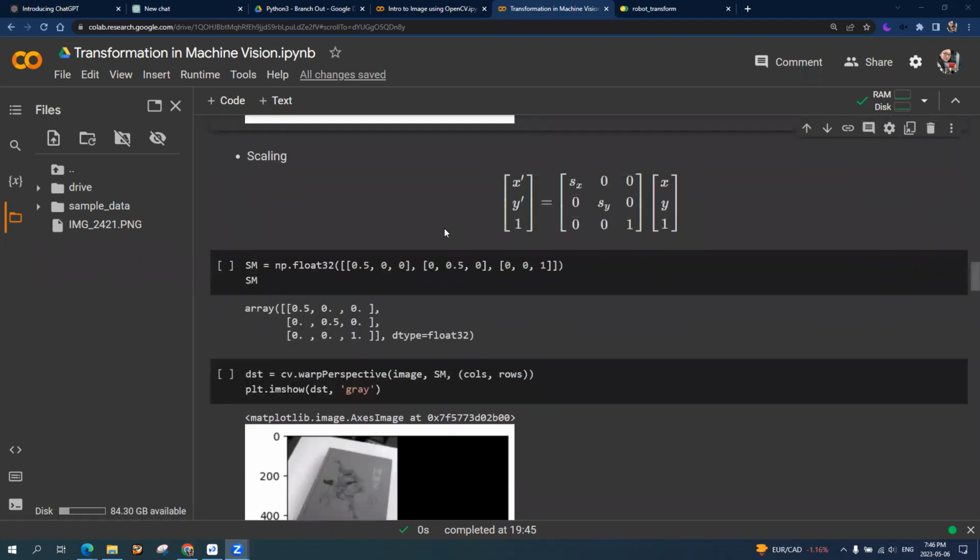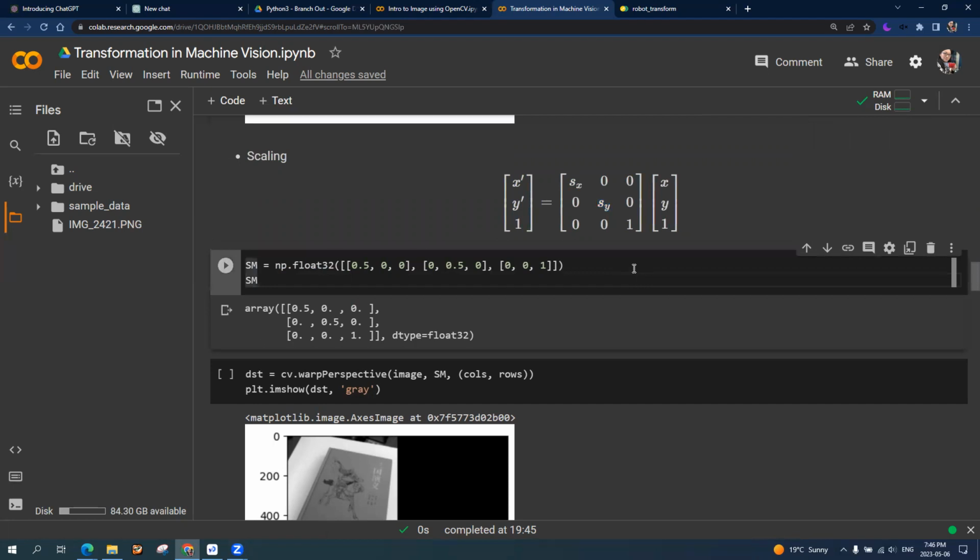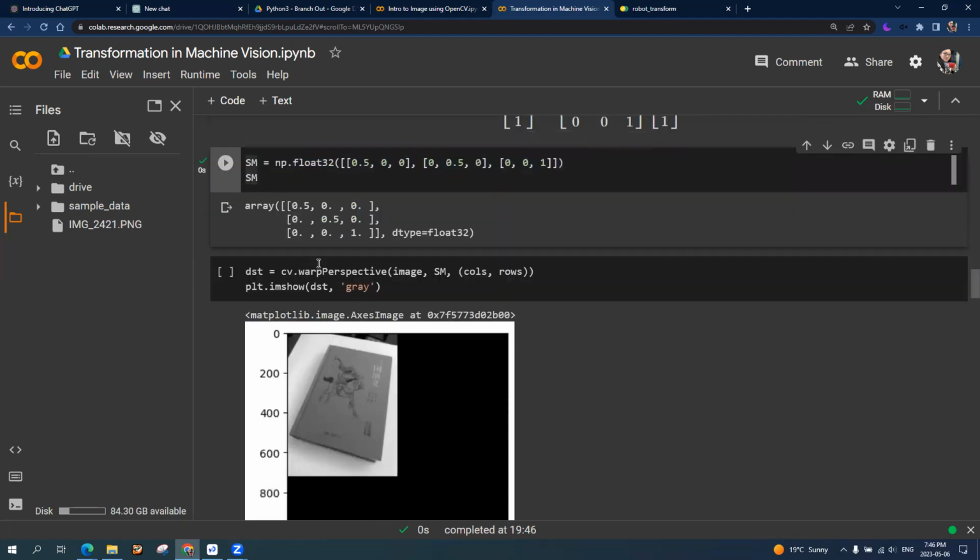Next thing, scaling. You can see it's the same matrix, just with different locations. The scaling factor for the x-axis is at location 1, 1, and the one for the y-axis sits at 2, 2. Then you just define the matrix again. Let's run this, and you get a scaling matrix.